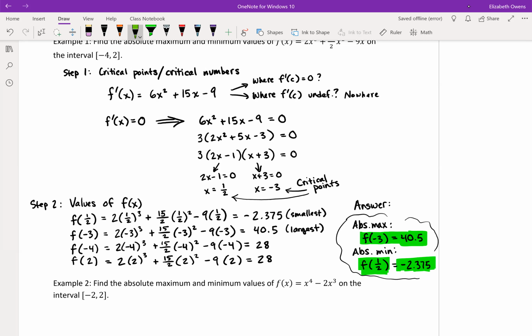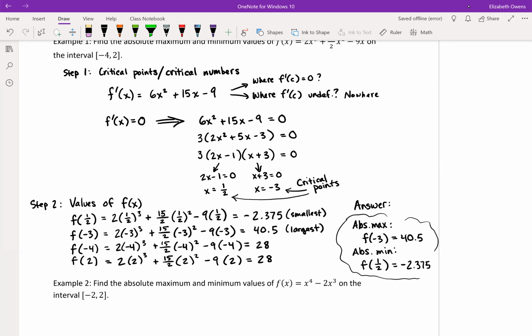So on a test situation, you probably should write the full f of 1/2 equals -2.375. That way I know that you found the right x value and that you found the right y value. Of course, I will also be looking through your work with the critical points and stuff, but for that final answer, this is generally how I would write them.